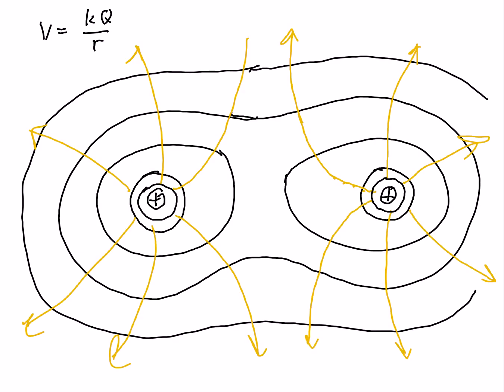So here are the electric field lines for this charge configuration, which we learned about last time, and I'm sure I didn't draw it perfectly, but if I got it pretty close, then these are all at right angles to the equipotential lines.